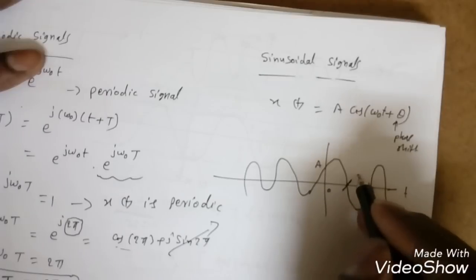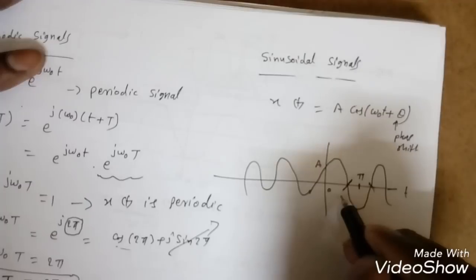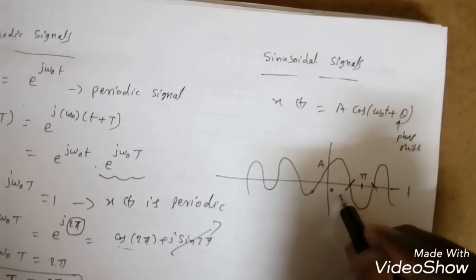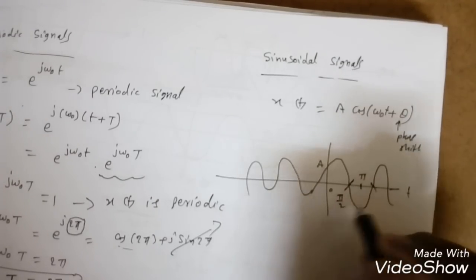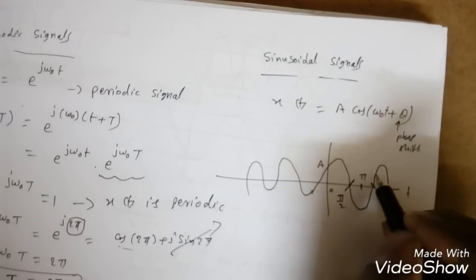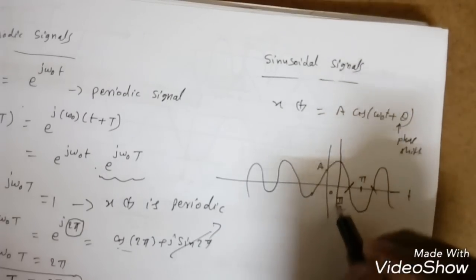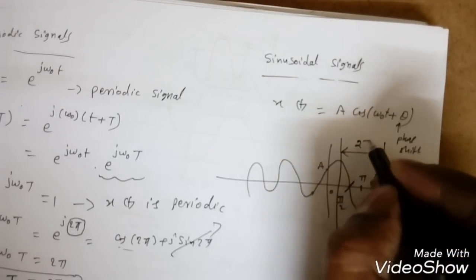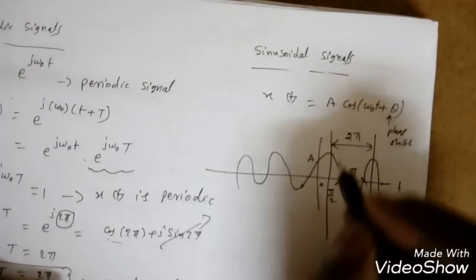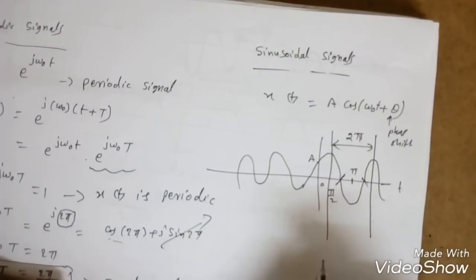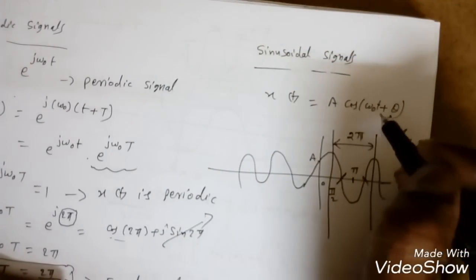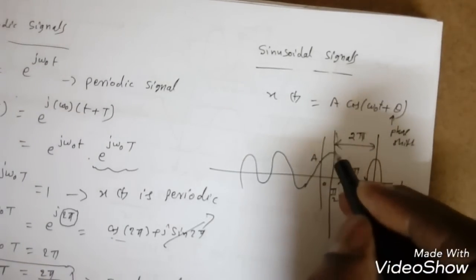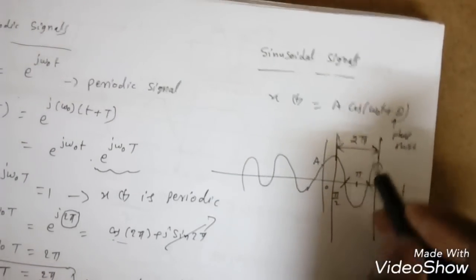So up to here is one period. Generally we say 2 pi is the time period of a sinusoidal signal. We can also represent it as A sin of omega naught t plus theta. Maximum to maximum we can say is the period, right?